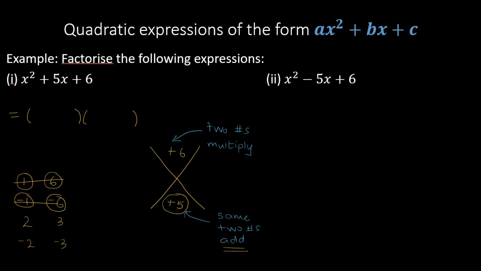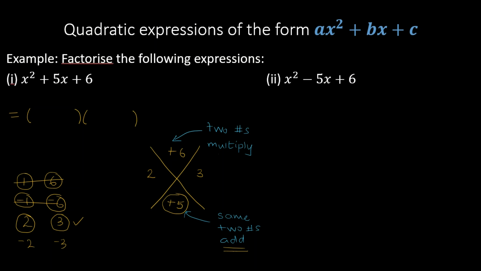The third pair, positive 2 and positive 3. When you add, do you obtain positive 5? Of course. So we take this pair. Right? We write 2 here and we write 3 here.